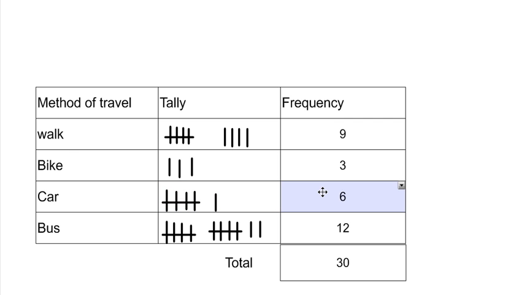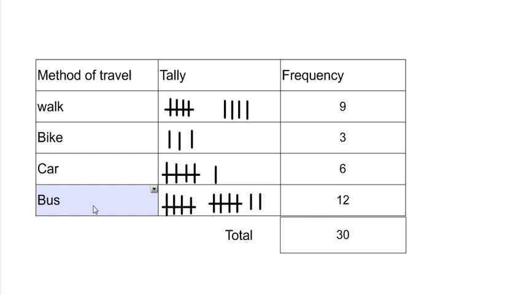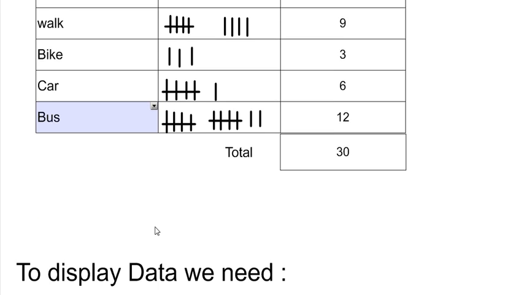This is the method of the tally chart. By bus, we have 12 people. So in total, we have 30 people in the class. Here we have collected this data, and now let's see how to display it.